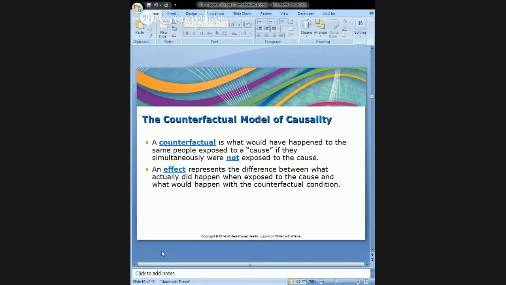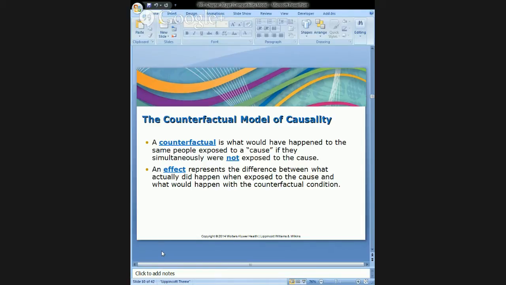So let's see an example of this. You have 100 people, and they watch a news broadcast, and then we take their opinions on politics after they watch the news broadcast.